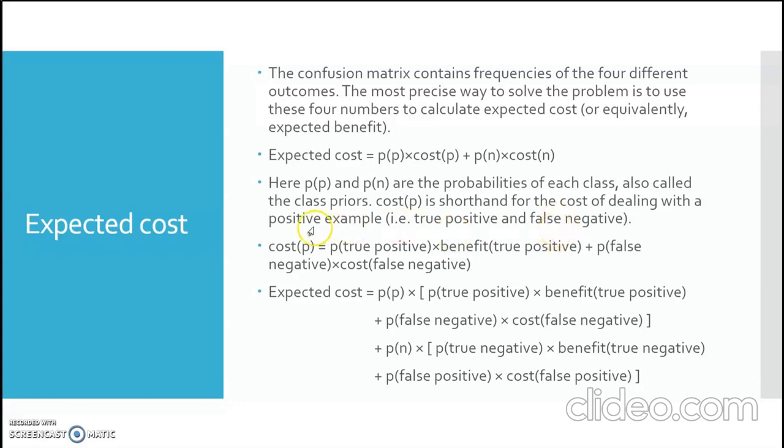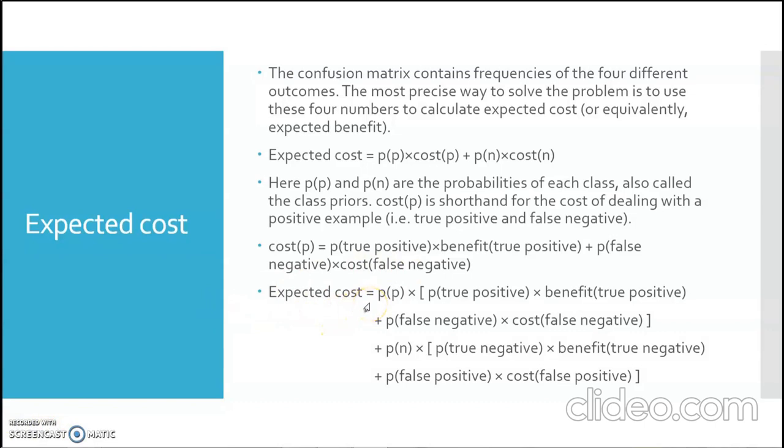So cost P here is where you have the probability of true positive multiplied by the benefit of true positive, plus the probability of false negative multiplied by the cost of false negative. Hence, we have the expected cost here.